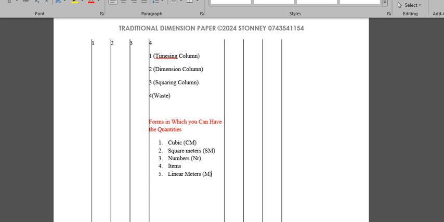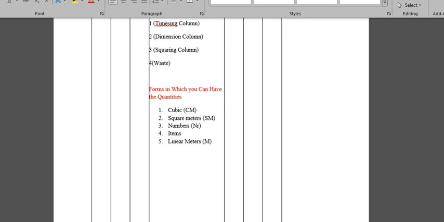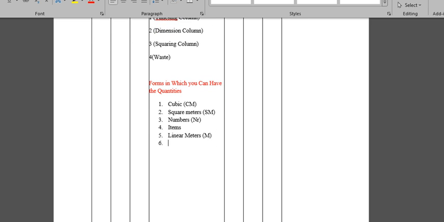So that said, let's see. So we start with the first one. The first one is the cubic meters. So let's see, when we are supposed to express our quantity in terms of cubic meters, how are we supposed to do that? So the first one, we do the cubic meter that we've also abbreviated as cm.